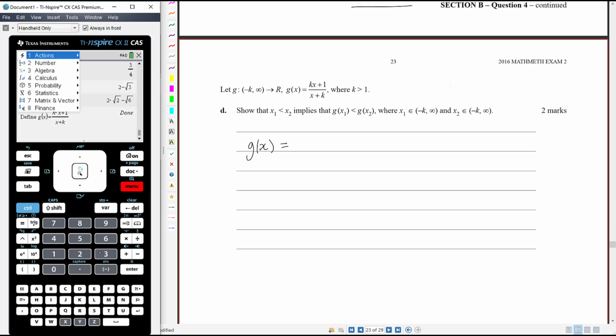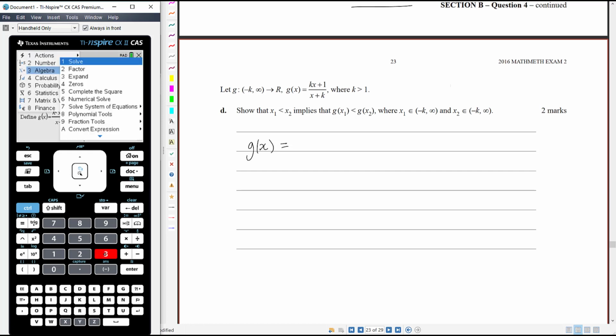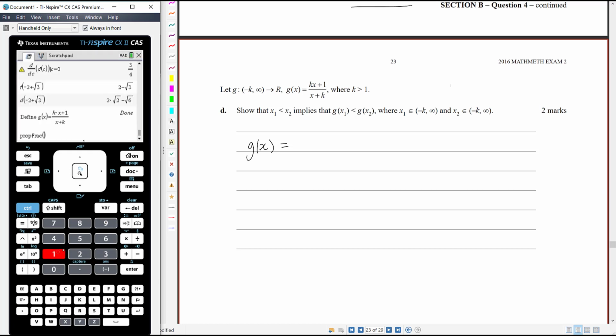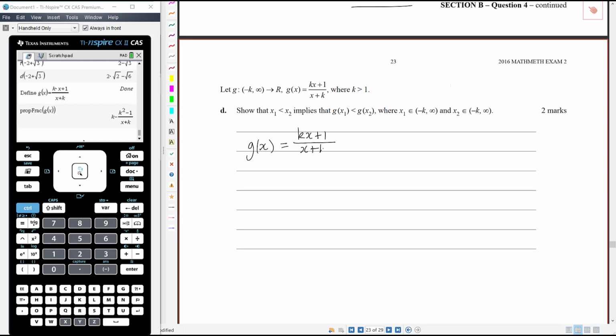Okay, I am just going to do the proper fraction here to have a look at what it looks like as a hyperbola. So menu 3, 9 for fraction tools, 1 for proper fraction. I'm going to enter g of x. Okay, so we know that it is kx plus 1 over x plus k, but we know that that's the same as negative k squared minus 1 over x plus k, plus k.